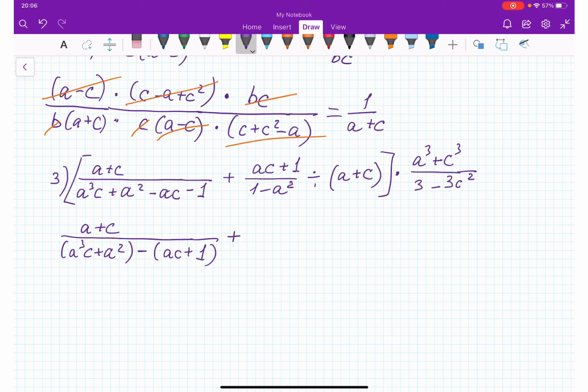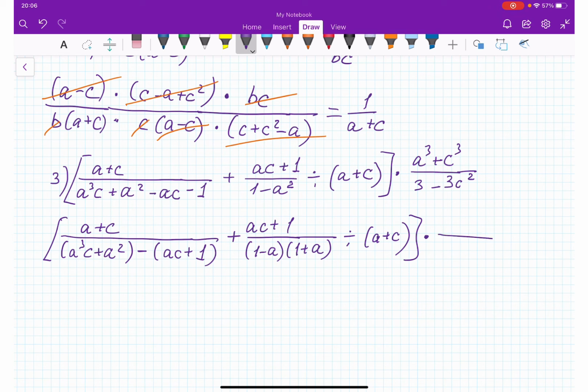Okay, plus ac plus 1 minus a squared. It's the difference of squares. So I'm going to open it. 1 minus a, 1 plus a, and I'm going to divide by a plus c, closing square brackets, multiply by a cubed plus c cubed.